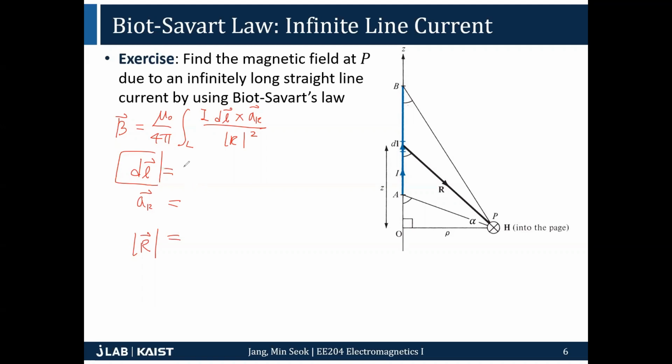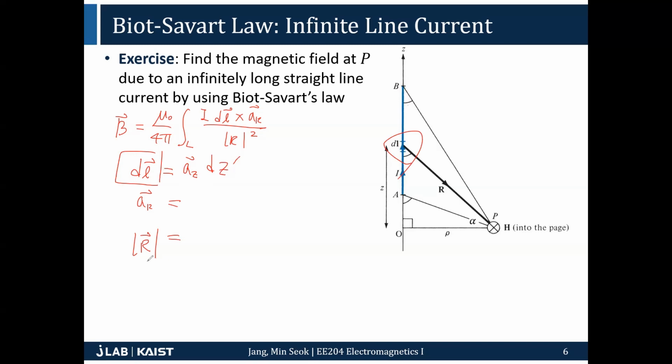But based on our convention, I want to put prime here, because our convention was to put prime on source position. So this is my source position, so it has to be az dz prime.